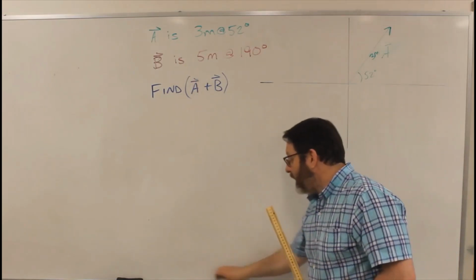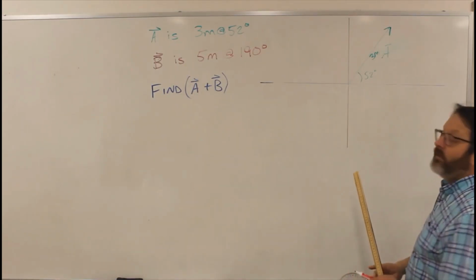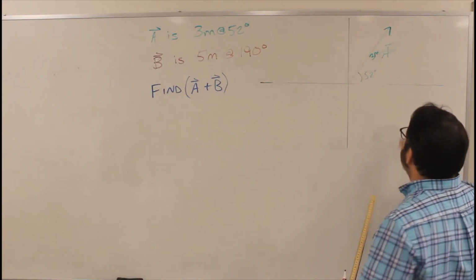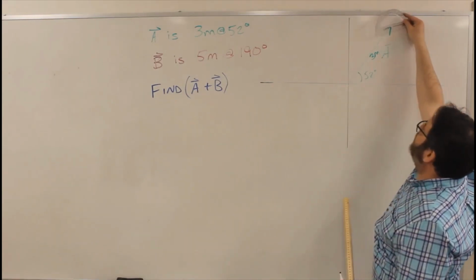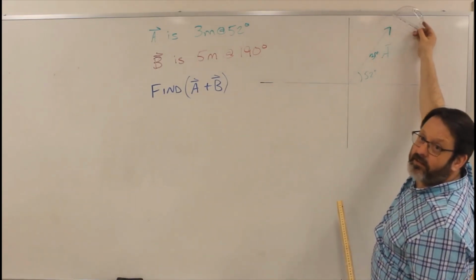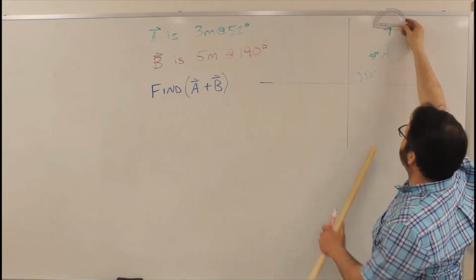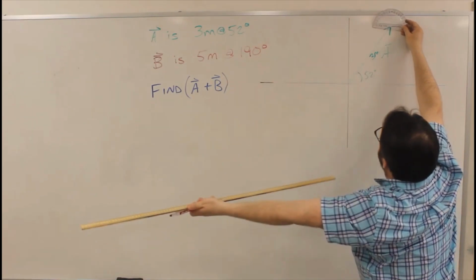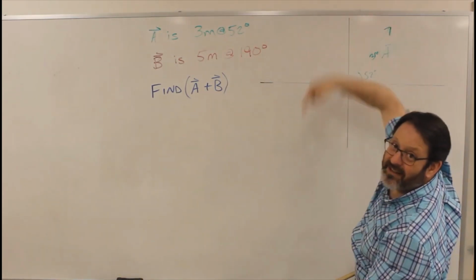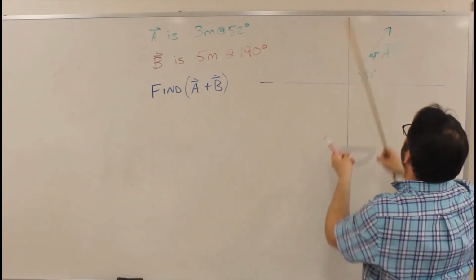Now we're going to add vector B. So vector B is 5 meters at 190. So 190, I do not want to align my protractor with the last vector. I want to keep it lined up here. So 180 degrees would be back that way. So I've actually got to go 10 degrees down below horizontal.